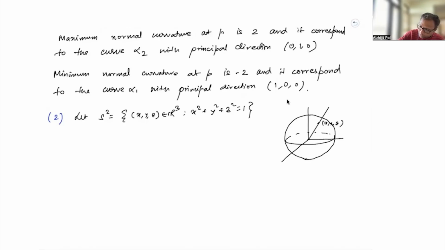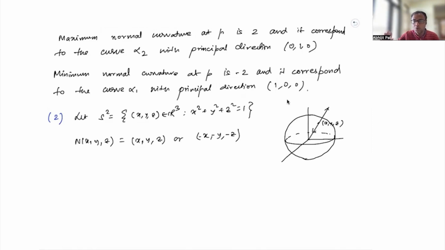So N of (x, y, z) is either equal to (x, y, z), or it is equal to (-x, -y, -z).